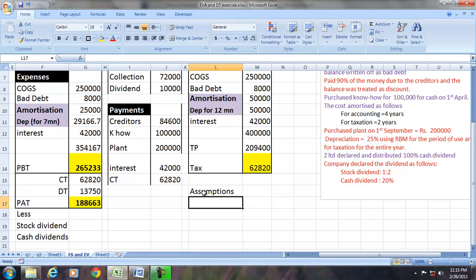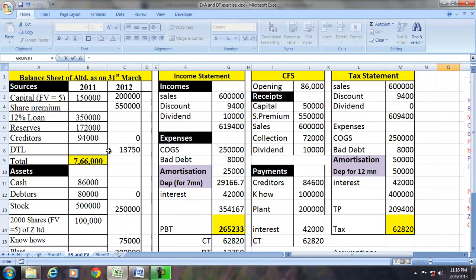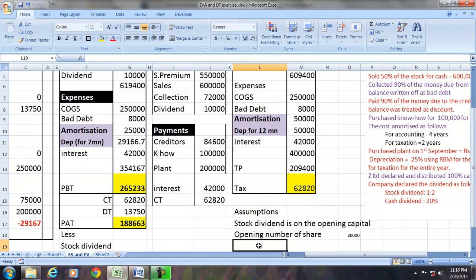You can make other assumptions too. So opening number of shares is equal to 150,000 divided by 5. So 30,000 is the opening number of shares.